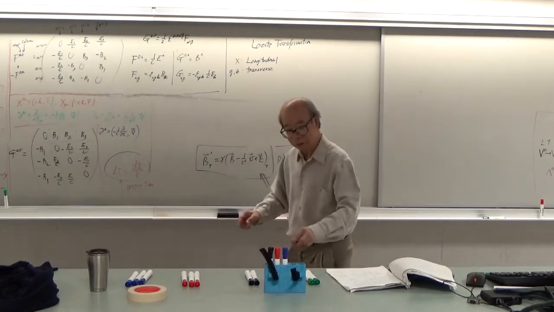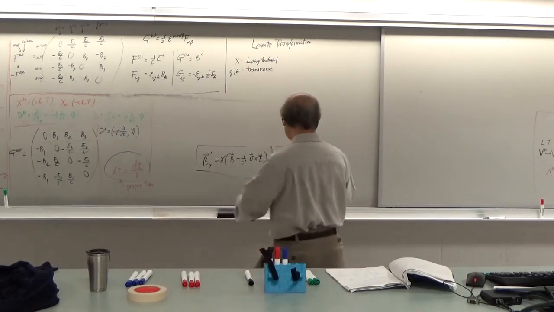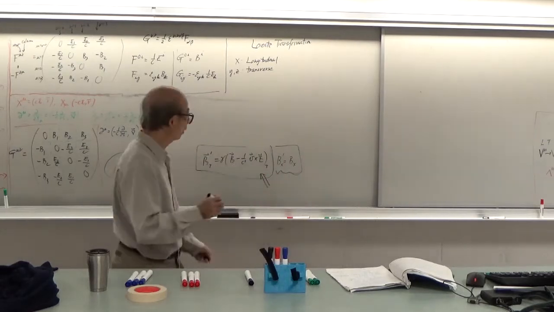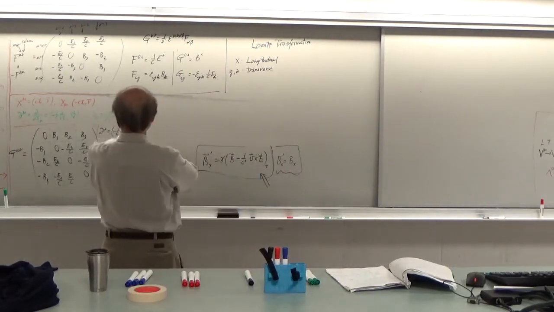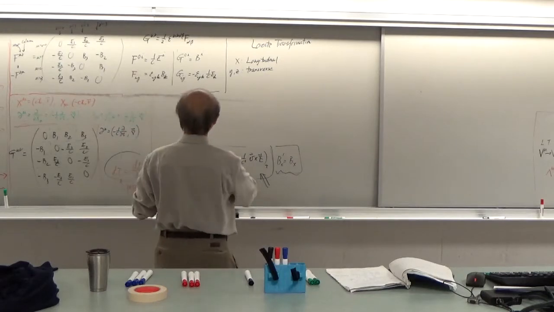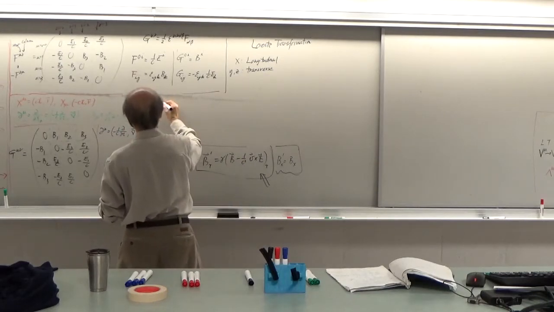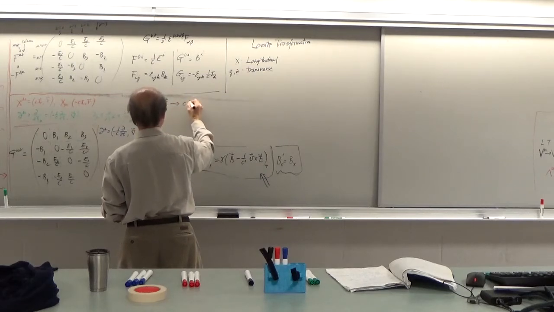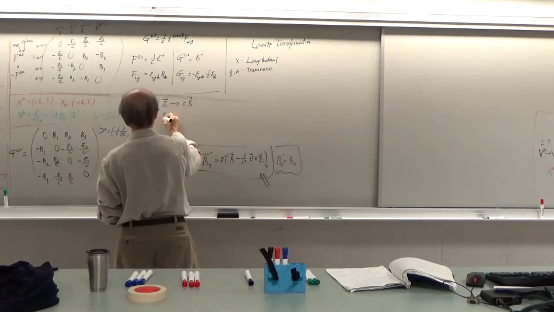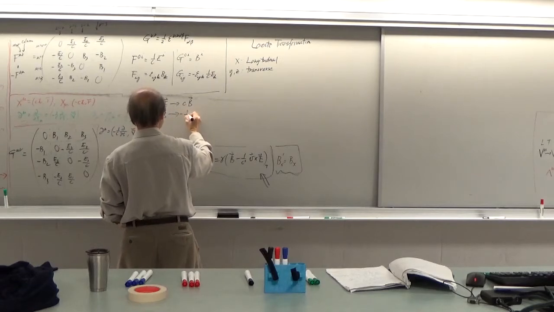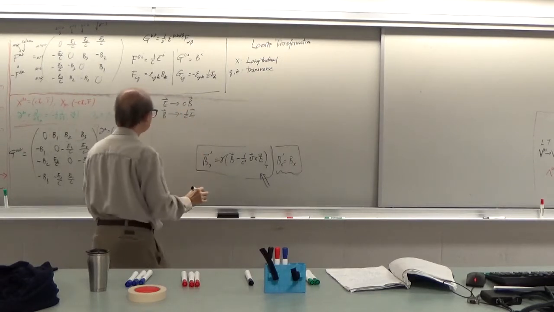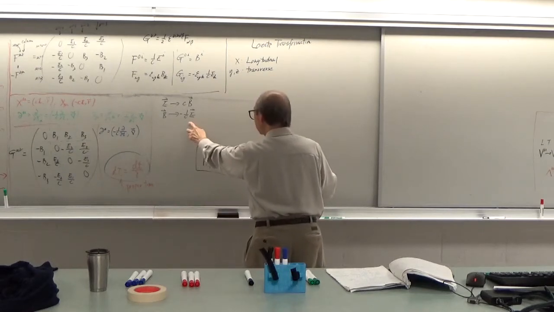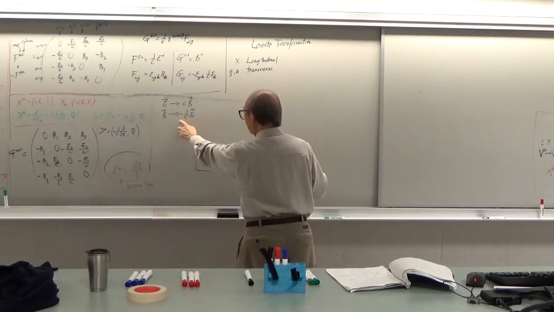Starting from these two expressions. All right, first, let me start with the longitudinal component of B. And the duality transformation, you remember that E goes into cB, and B goes into minus 1 over c E. Let me forget about this factor.